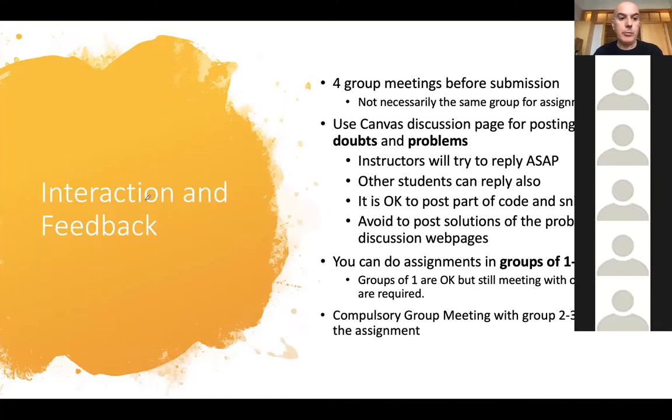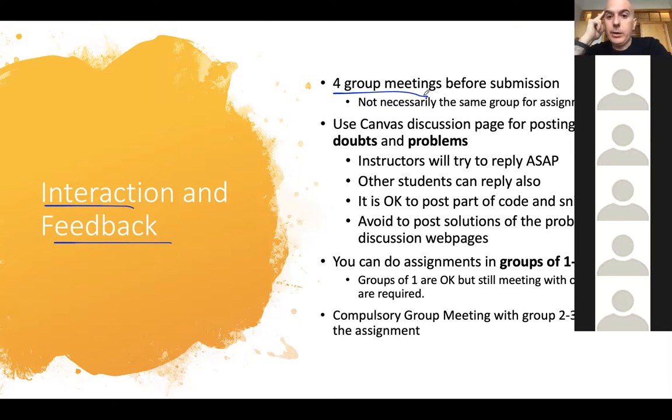So how are we going to have interactions and feedback? Well, as I told you, we're going to have 4 group meetings before each submission, right? So we're going to have 4 modules with 4 assignments. I want you to meet with one or two more students before the submission to talk about the assignment itself.